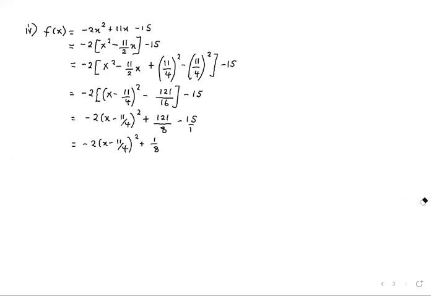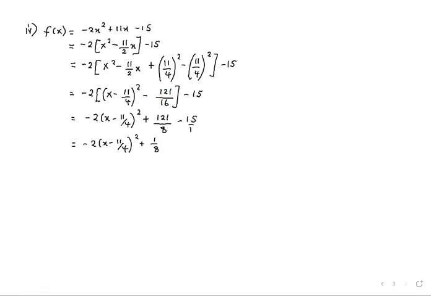Sir, why doesn't this -2 disappear after we divide it by the 16? No, on that part it has disappeared, except that there was nothing to divide it with here. Remember, it's -2 multiplied by this part minus -2 multiplied by this part. So there are two things inside the brackets there.